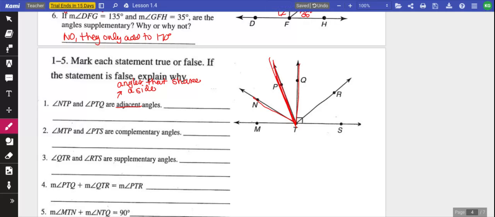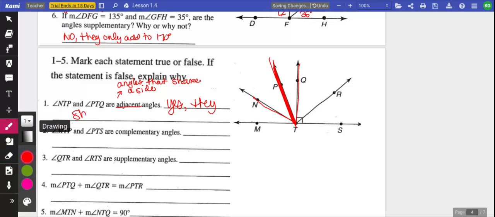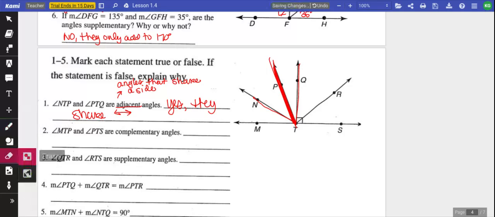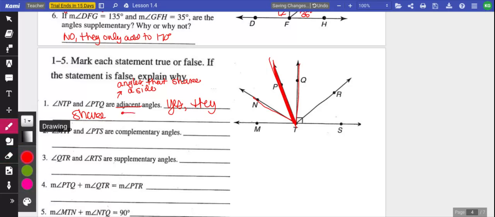Yes, because they share this side right here, PT. Yes, explain why. They share side, actually it's a ray, it's not a line. They share ray TP.